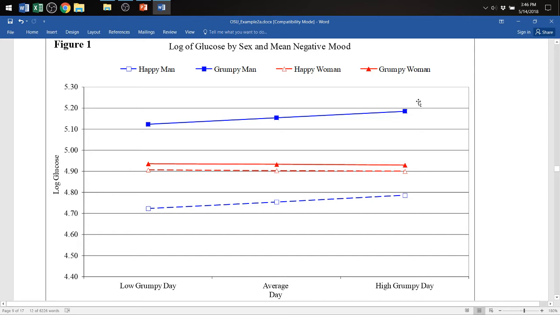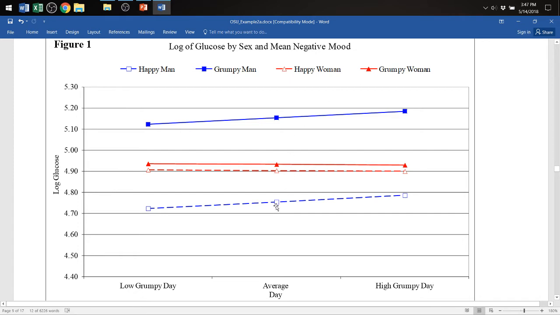So here is the type of picture that I would make to display these kinds of effects, where the x-axis is not time, but it is actually within person variation in mood, where I would look at the standard deviation of the within person variable to figure out what representative values of high and low would be, so plus or minus 1 standard deviation. And I have different lines for different between person values, all the predictors. So we have happy man, grumpy man, happy woman, grumpy woman.